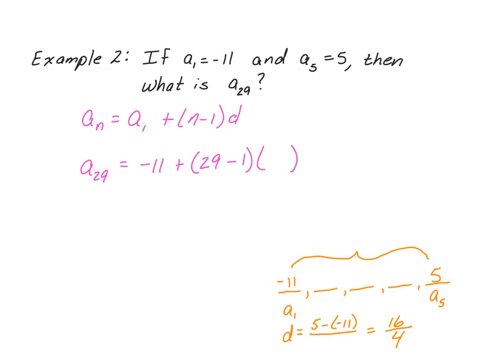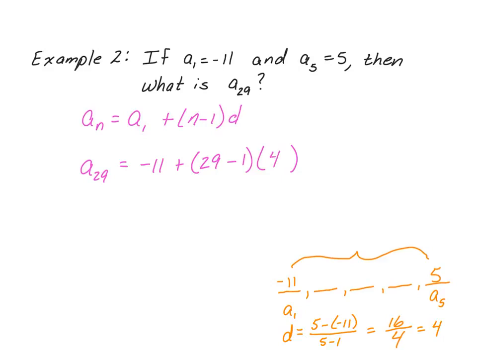If you look at the term numbers here, this is the first term and this is the fifth term. So the way we can get what we're dividing by is take the term number of the upper bound and subtract the term number from the lower. That would be 5 minus 1, which is 4. That gives us a difference of 4.